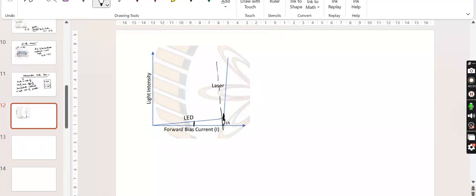If the point is here, we will get the laser action much sooner. So to do that, I will have the homojunction diode laser.